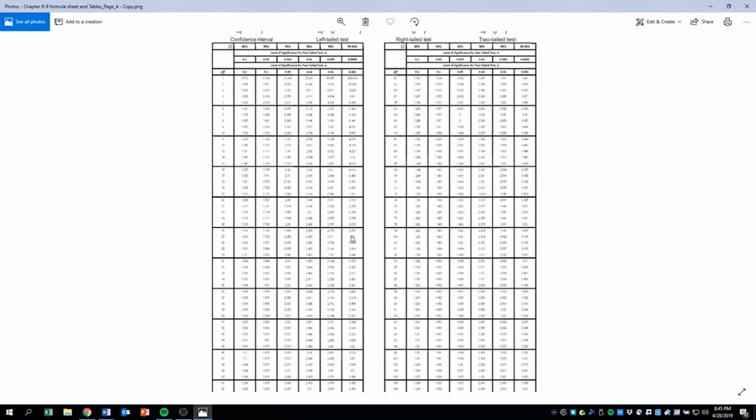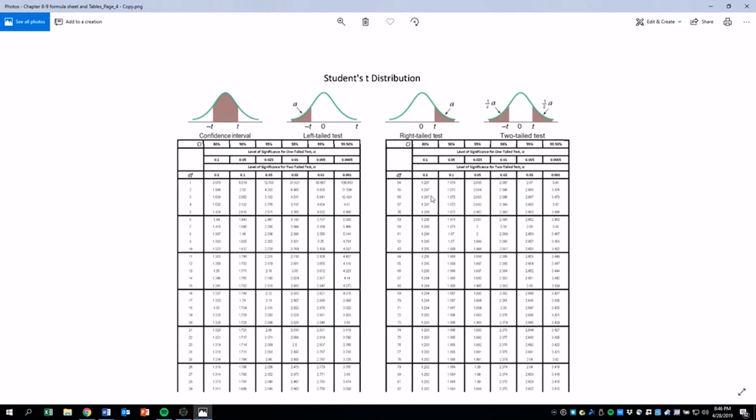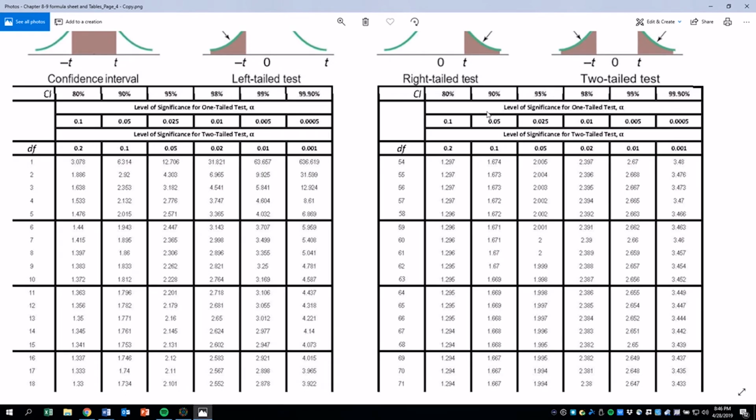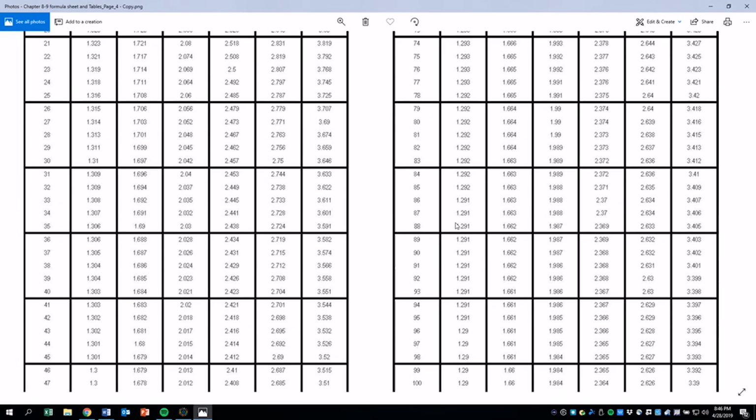Okay, so I've got the t-distribution right here. And you notice we've got an alpha of 0.1. So if you come right up here, you see level of significance for a one-tailed test. We've got an alpha of 0.1 for a one-tailed test. And we are going to go all the way down to the bottom.